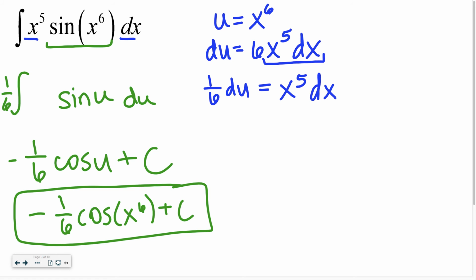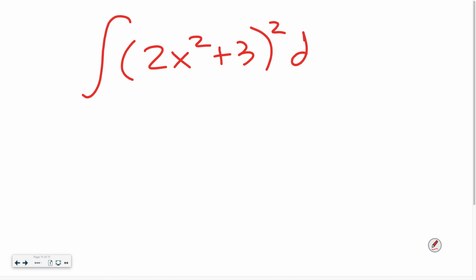Now, if I were to give you something like this, what strategy would you use on this integral? Okay, I'm hearing two different things.